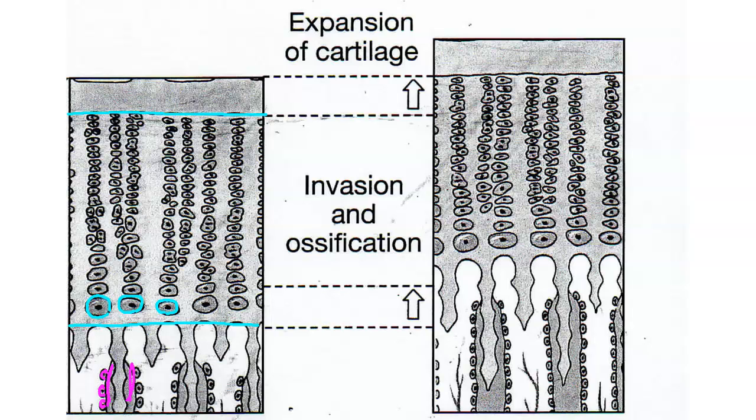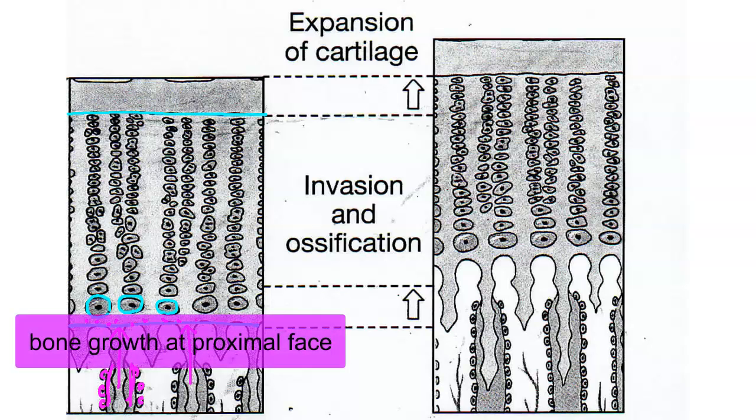In other words, bone formation is occurring in the diaphysis, and that bone is starting to invade the proximal face of the epiphyseal plate. As it invades the proximal face and some calcium deposits in here, it starts to kill off the cartilage. So bone growth is going to start to invade the proximal face of the epiphyseal plate.